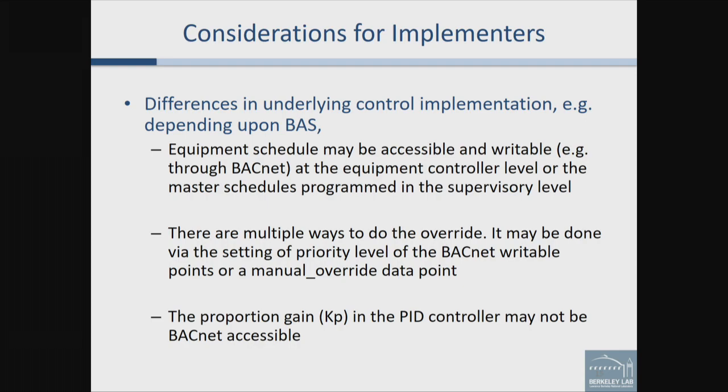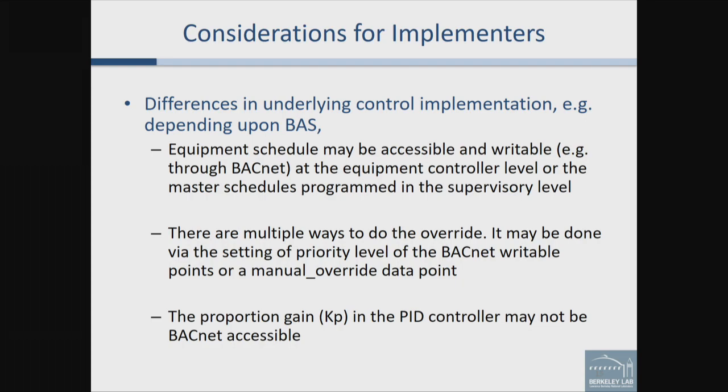Another example is when you say the set point is overridden. Some control systems have a single data point: if the system is overridden, it is 1, and if the system runs automatically, it is 0. Then when we do the correction, what we need to change is the value of this single point.